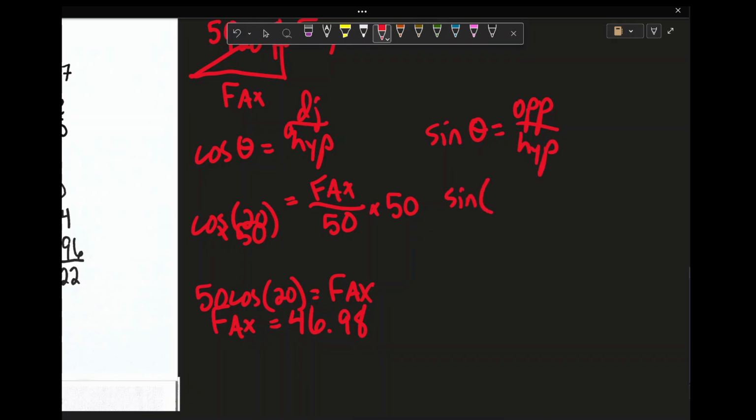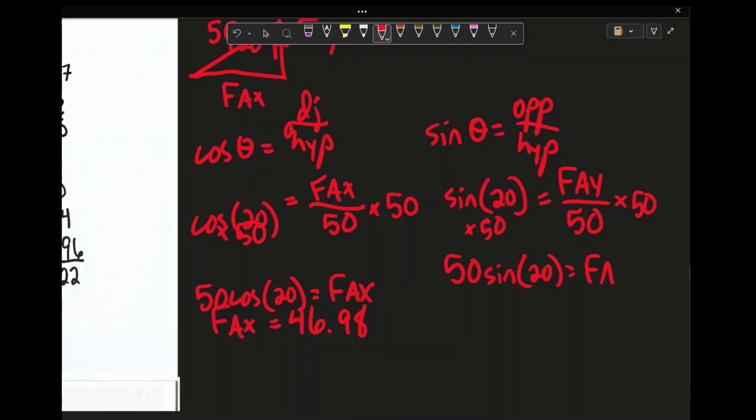So we have sine of 20 equals the opposite, FAY, over 50. If you multiply by 50, we get 50 sine of 20 equals FAY. So FAY is, just confirming all my numbers, yep, 17.10. Okay, so we do that.